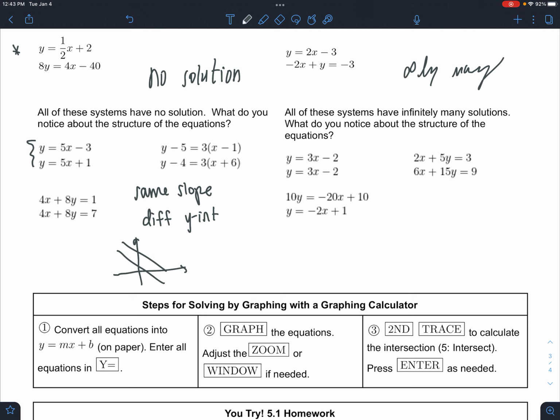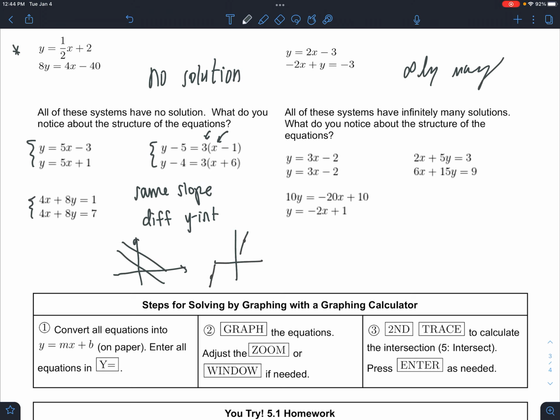All right, and the same thing actually happens with these equations too. See how there's 3 different sets here, but they all actually are kind of the same form. They both have a slope of 3 here, yet they start at a different point, right? So you can imagine that would be like having a point here and then having a slope of 3, but then having a point over here and then a slope of 3.